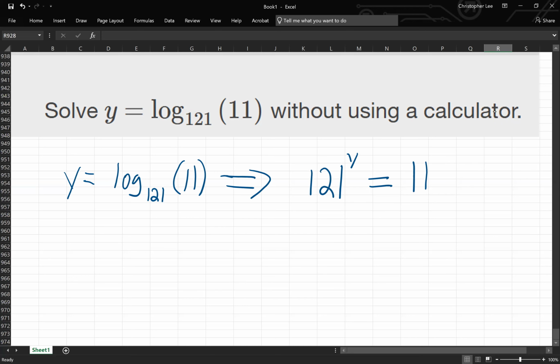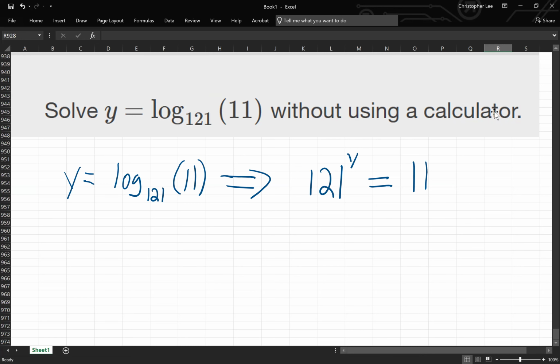What is it? Not 2. Not 11. You're on the right track, but it's not 11 that I'm looking for. You're close. Negative two. You're close. 1/2.